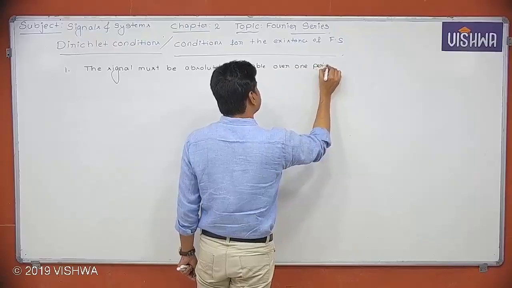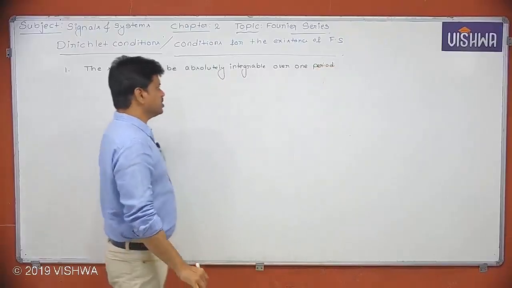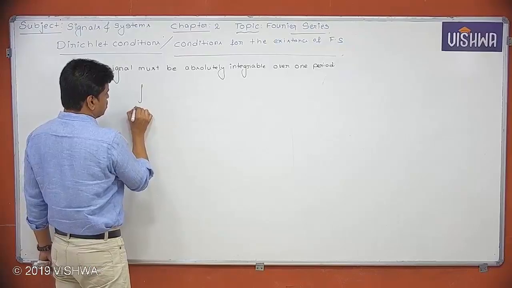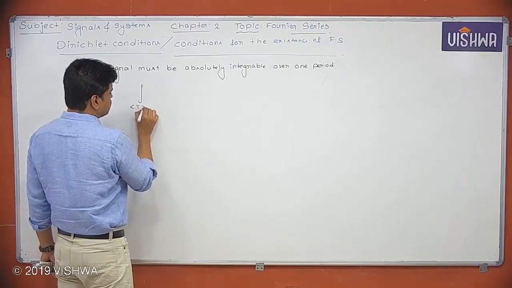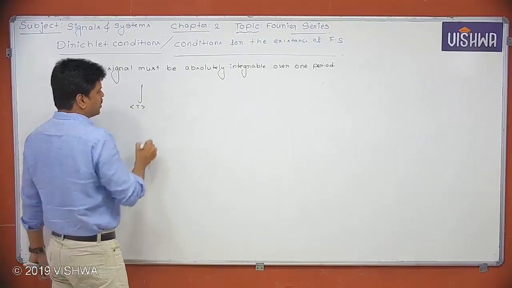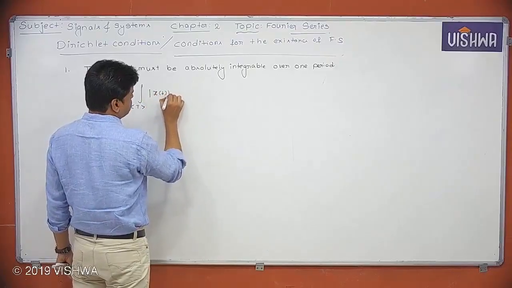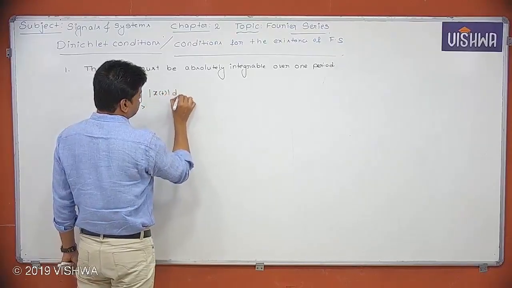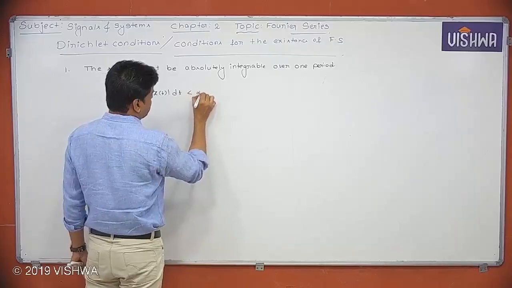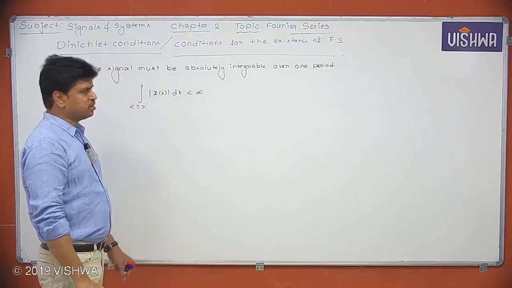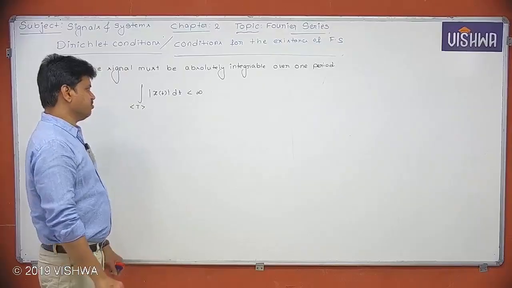Mathematically I can show it like this: the integral over a period of mod x of t dt must be less than infinity. If this condition is satisfied, then we can say it is satisfying the first condition.